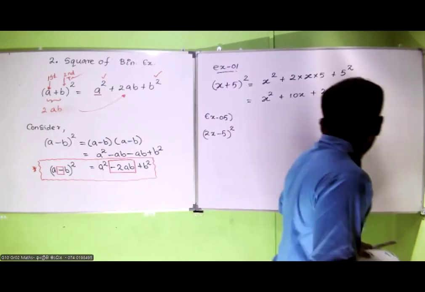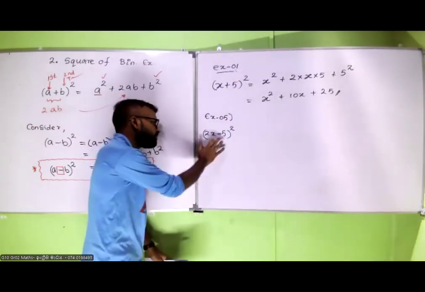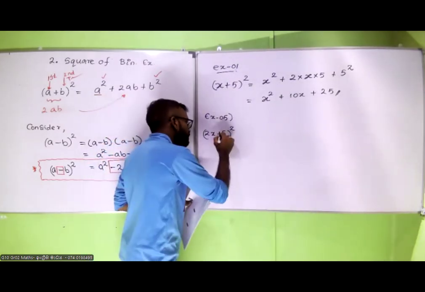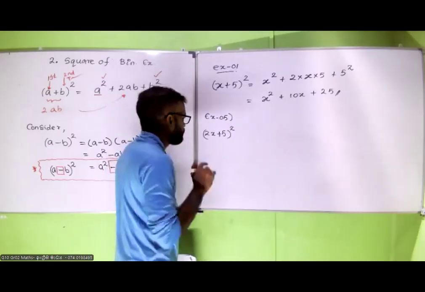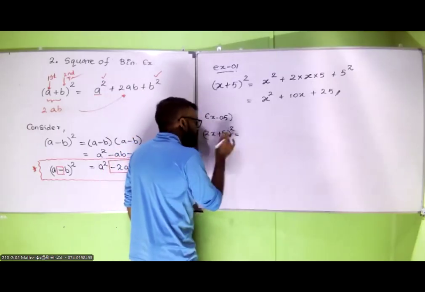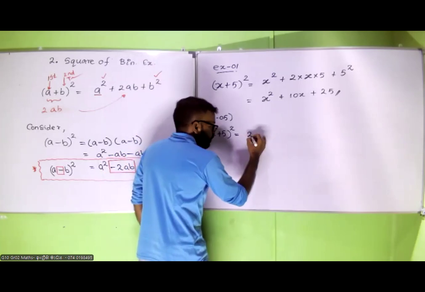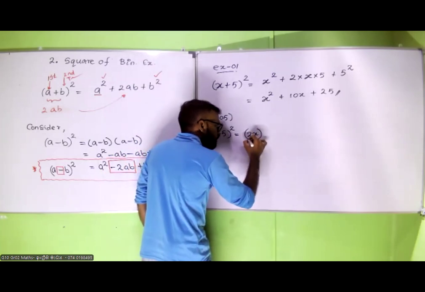What we have here is a very basic thing. This is plus 2x plus 5. So this is your first term, 2x whole thing to the power 2.